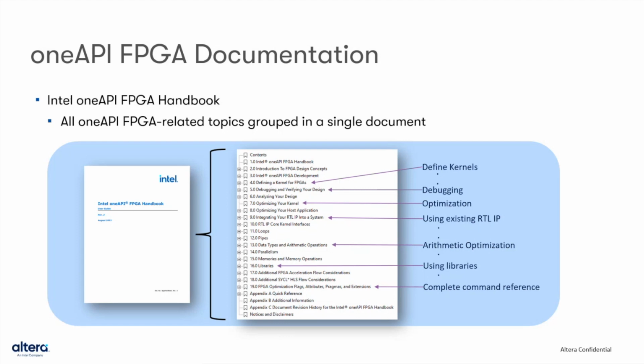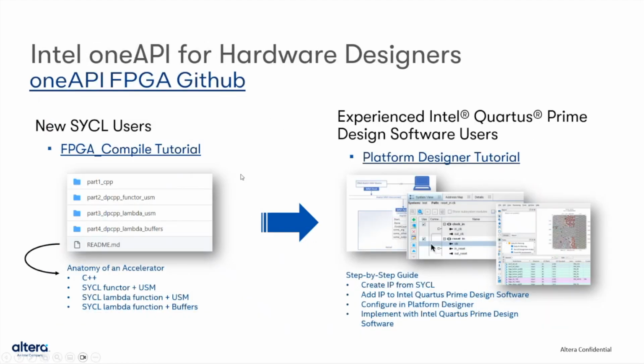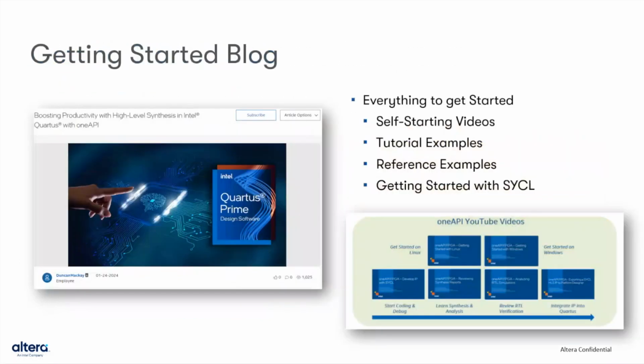The other thing I'd point out, let me just reverse a slide or two. On our GitHub, there are a number of tutorials, and you'll find there is a Platform Designer tutorial, going all the way from the SYCL IP through to implementing the software. Alternatively, I have some backup slides here. On YouTube, you'll find a number of videos.